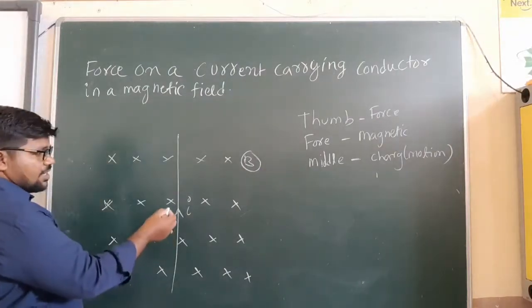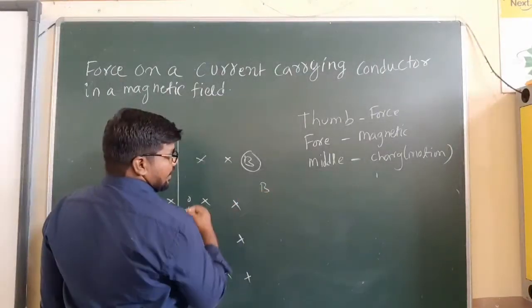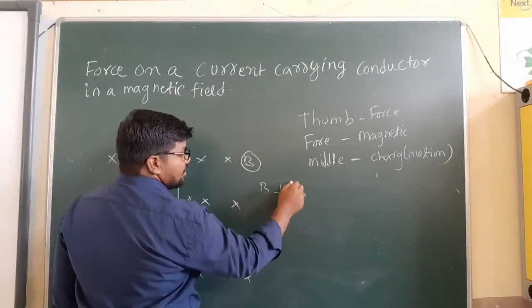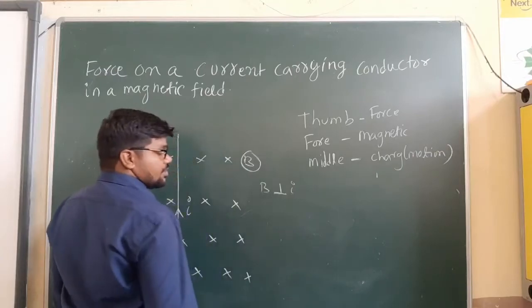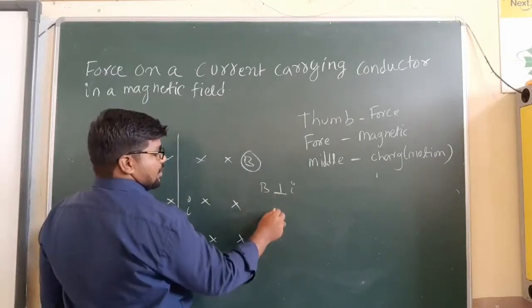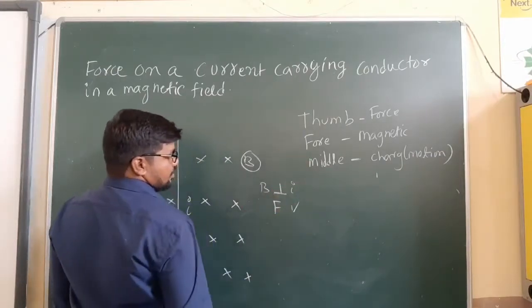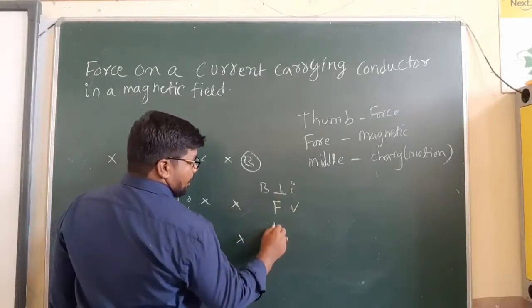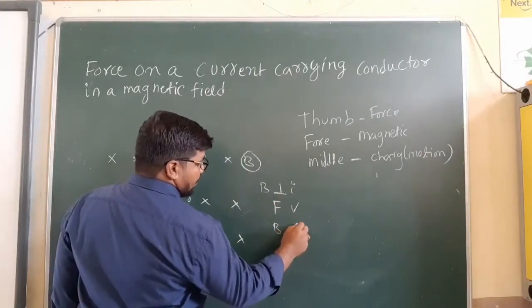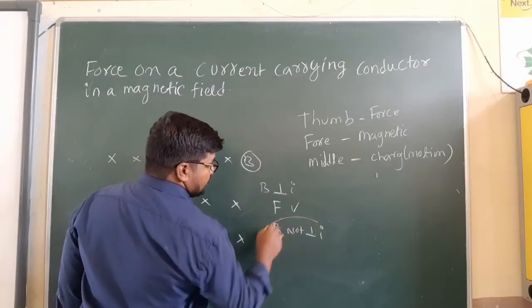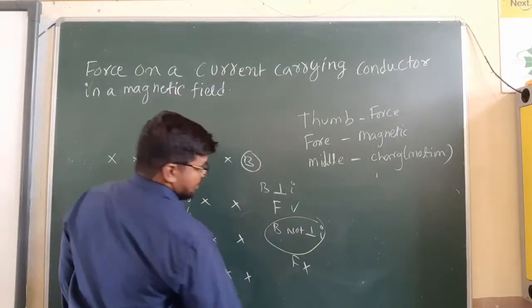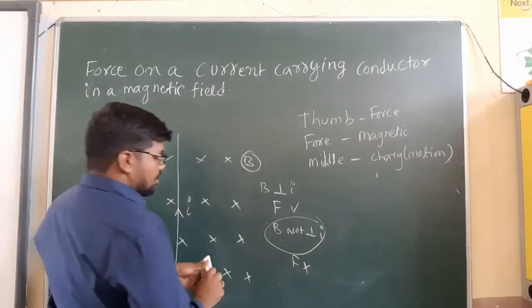In this case, the magnetic field and current both are perpendicular to each other. In this case only, force is applied. If B is not perpendicular to I, we can't get force. This is the rule. Clear?